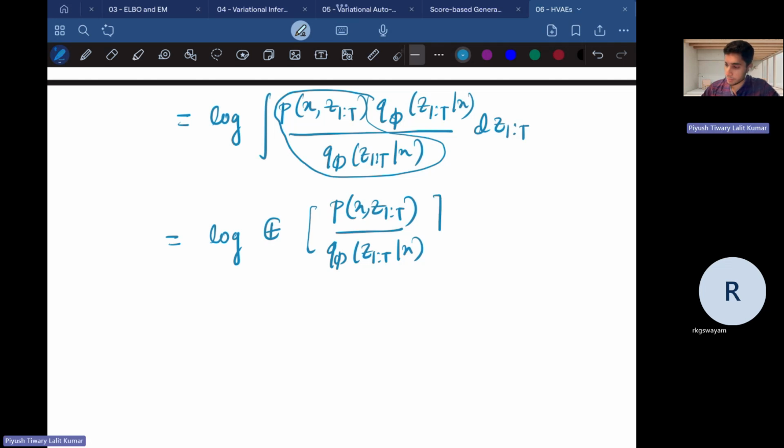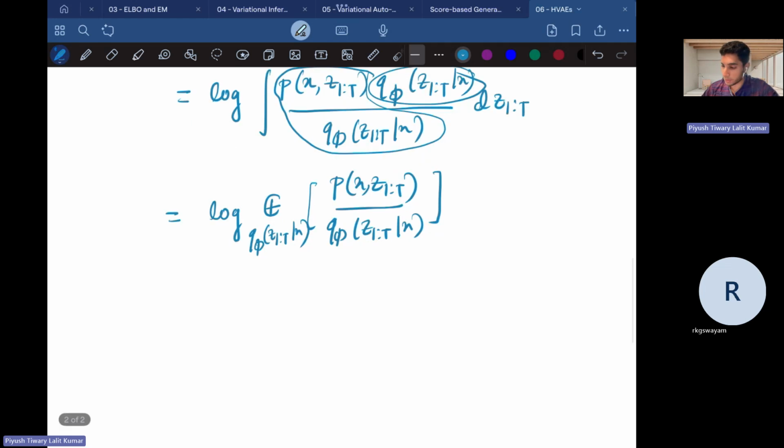And what is this expectation under? The expectation is under the distribution q phi (z1 to T given x). It's actually very similar to how we derived the ELBO earlier.